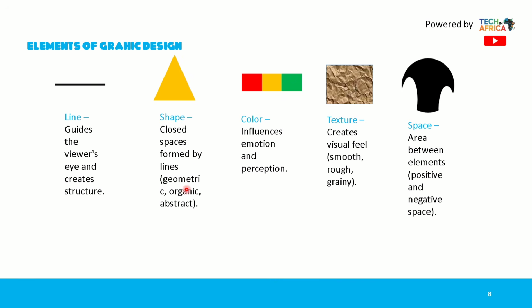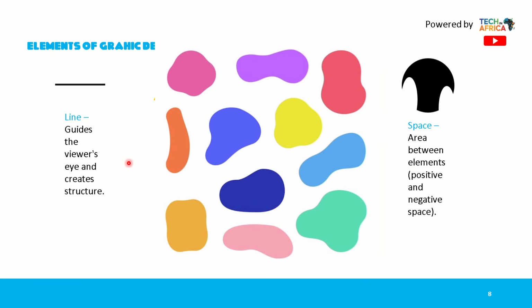And when you talk of the abstract, these are basically shapes that are not realistic. For example, let's say I take this. Shapes like this do not follow any particular realistic shape that you can mention.